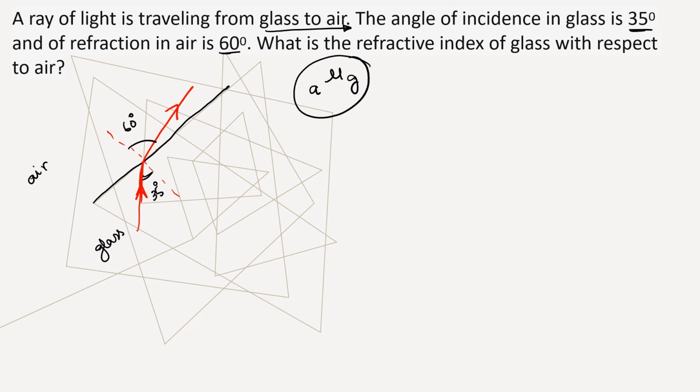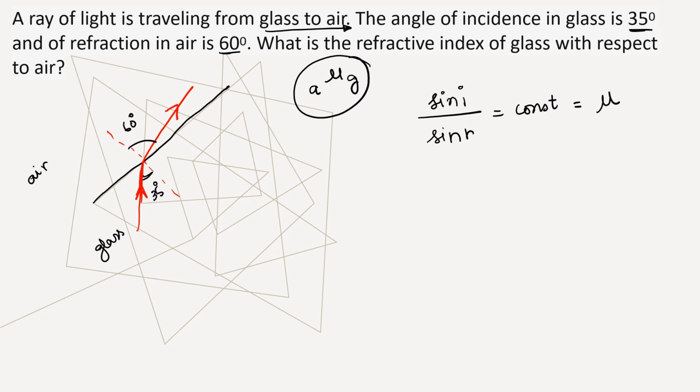Snell's law states that sine angle of incidence and sine angle of refraction both are constant, and with further experiments, this constant is equal to refractive index, correct? Sin I by sin R. So the light is traveling from where?